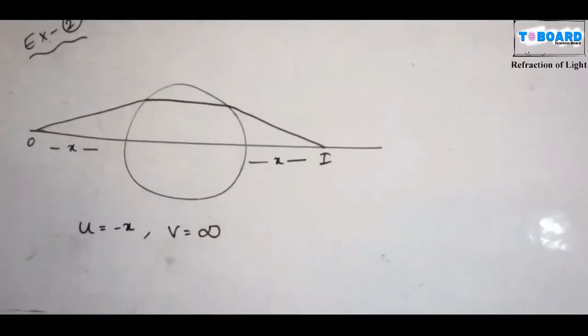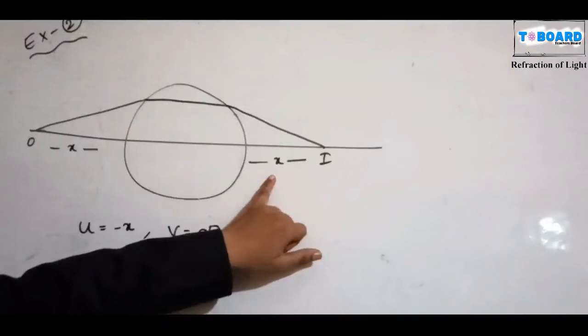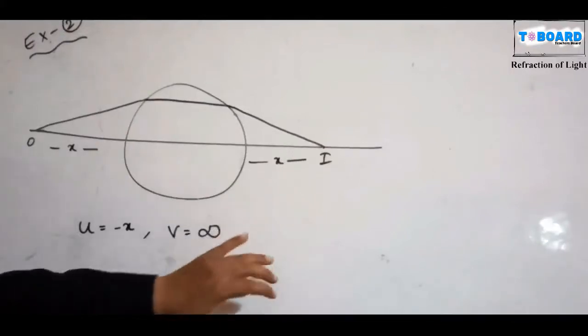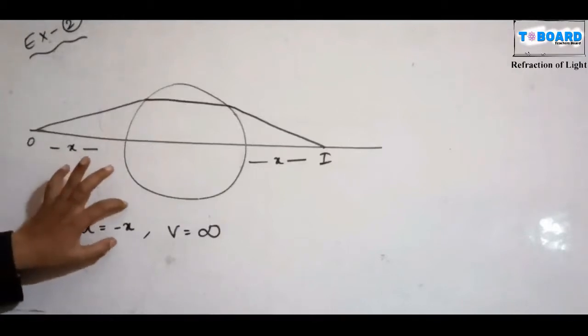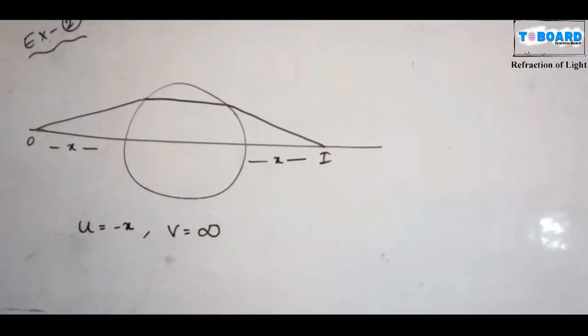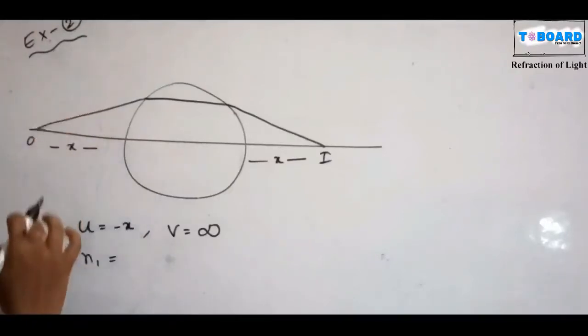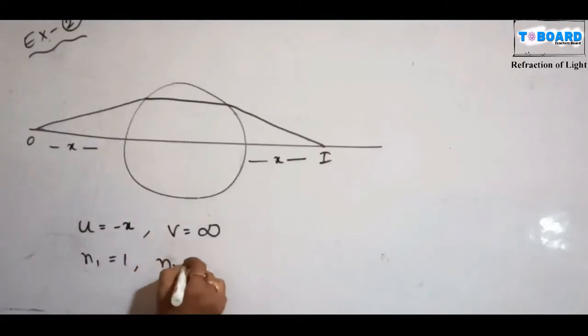Actually the image position is the same as the object distance, but here I consider the object distance as minus x, and the image distance we don't know where it will form, so we take it as infinity. Now I write the refractive index values. n1 is 1, because the light comes from air. n2 is the refractive index of the sphere, which is n.